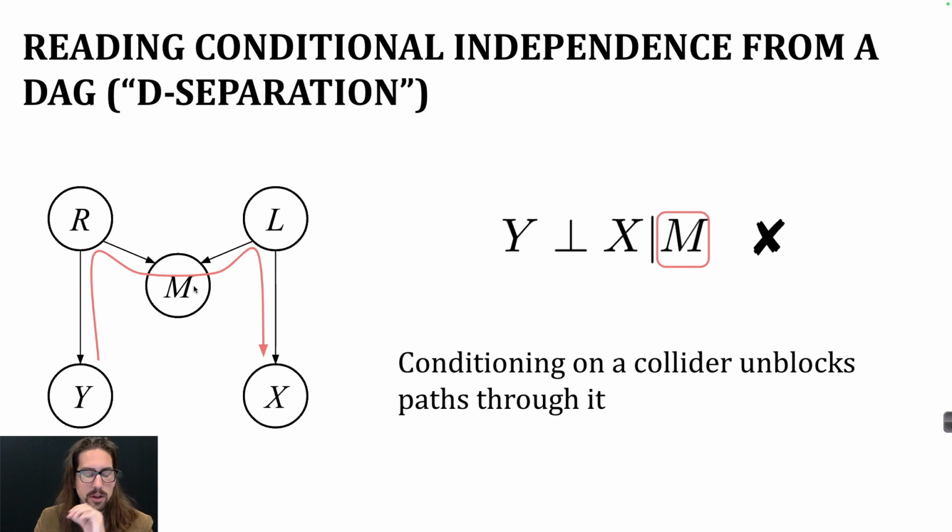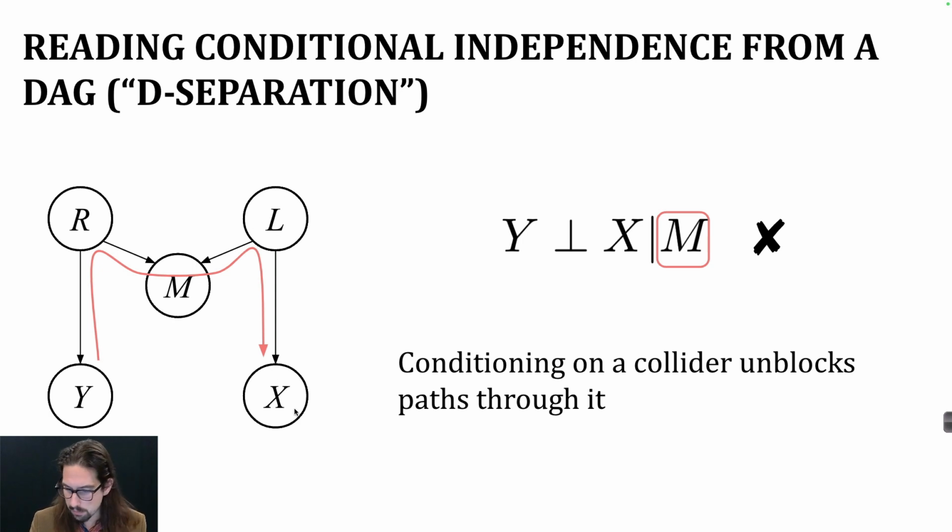Or in a substratum of m, since I know this, that tells me information about what both L was and what R was, right? And then if I additionally know y, that gives me more information about R. And so that means that L had to be something else, which gives me information about x.